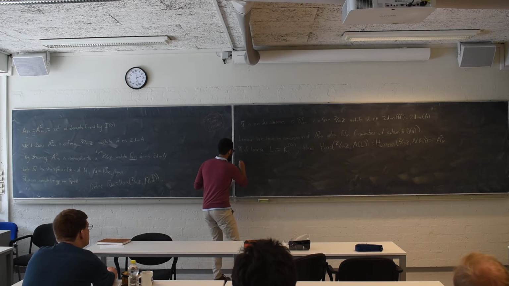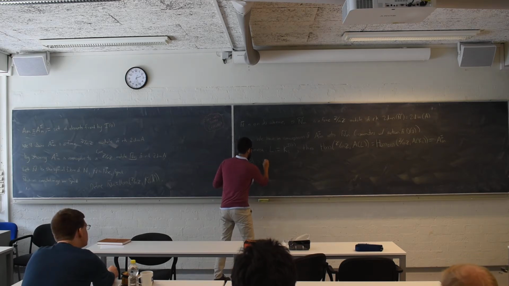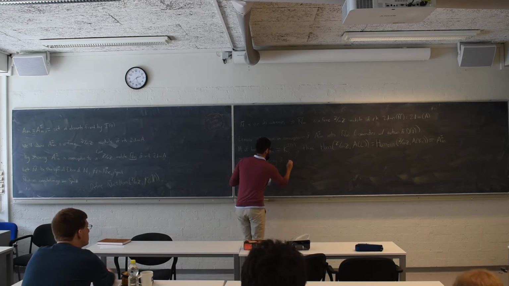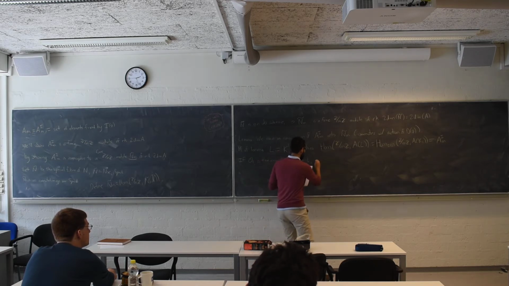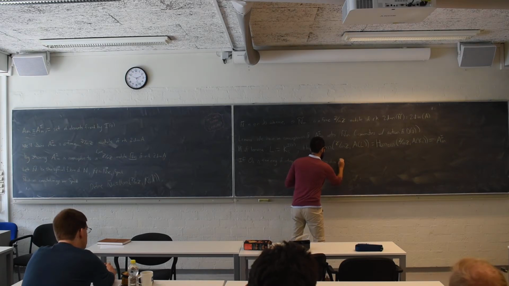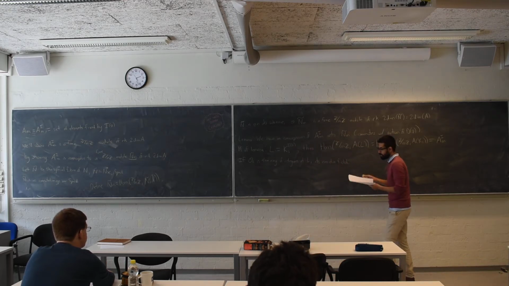So if OL is the ring of integers of L, its residue field is K bar. This is a fact about the largest unramified extension, and it's because K is perfect in this case.